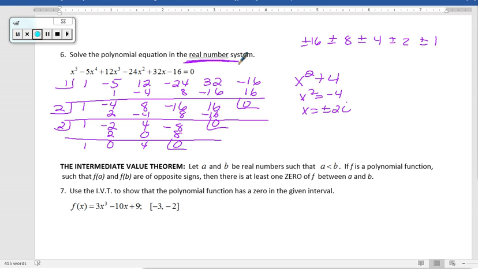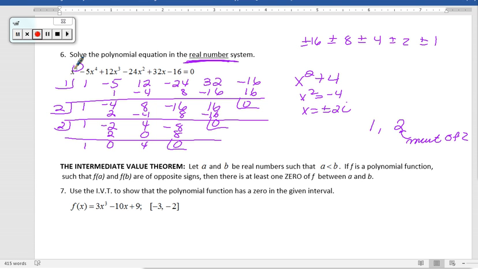So our real solutions are going to be 1 and 2, and this 2 has a multiplicity of 2. That does give me a total of 5 though. 1, 2 happening twice, and then plus or minus 2i. And there's the 5, because I know this polynomial has to have 5 solutions.